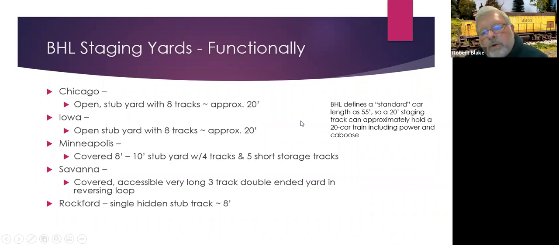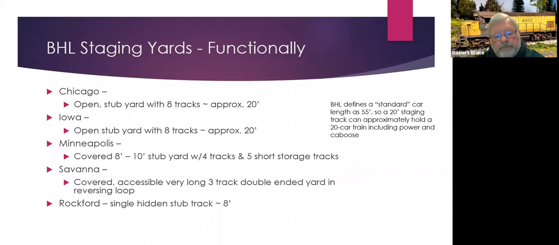A couple of weeks ago, Chuck Hart talked about the functionality of staging yards, and here's how that applies on the Blackhawk. Chicago and Iowa are both open-ended or open stub staging yards with 8 tracks each. Both are approximately 20 feet long. Minneapolis is a covered 8 to 10 foot stub yard with 4 tracks and 5 short storage tracks.